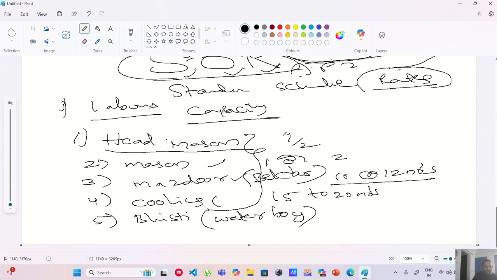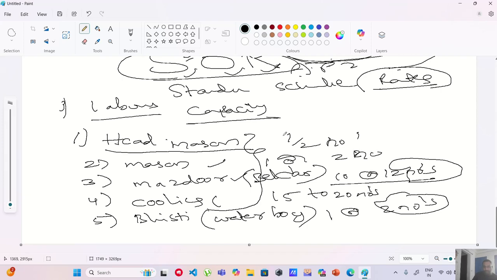And next one, coolies, 15 to 20 numbers are required to complete the cement concrete in foundation. And the last one is Bisti, the water person, so one or two numbers are required. Here the quantity is mentioned in numbers. Okay, these are the different categories of labors.